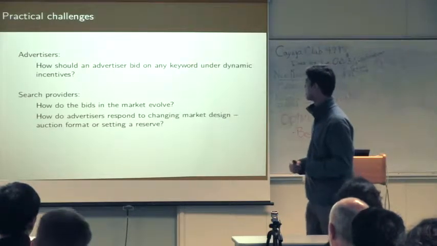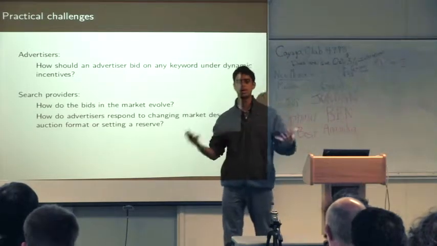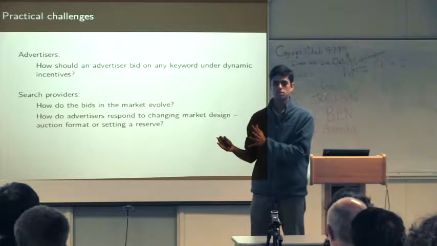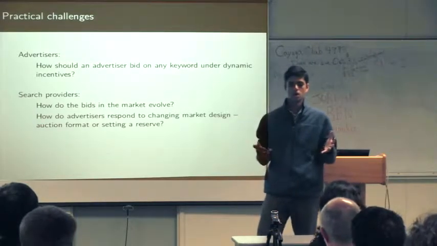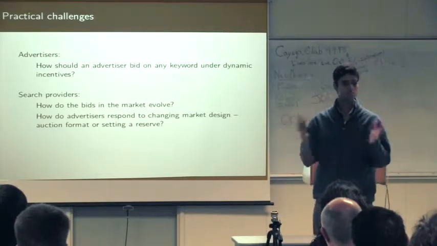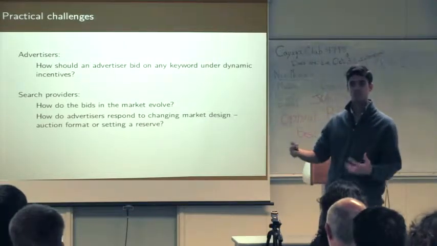impact. From the advertiser's perspective, you want to ask how they should bid in the sequence of auctions they participate in. If I have dynamic incentives, I don't know how to participate. In general, I'll have to solve some complex problem that depends on many other things in the market, like how the future market evolves.